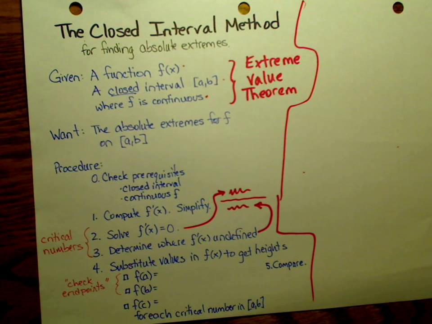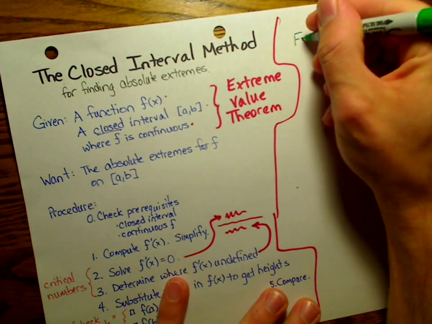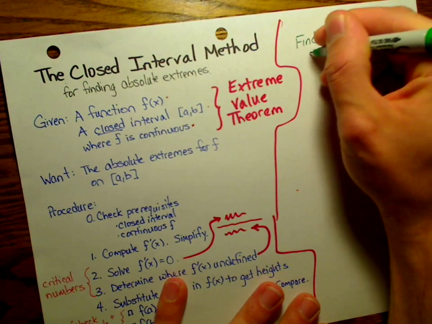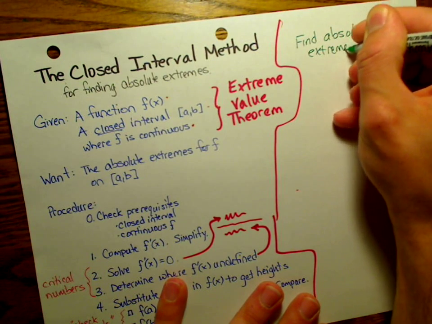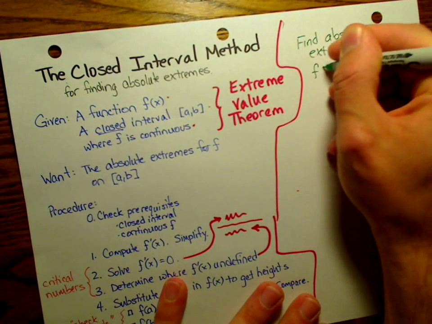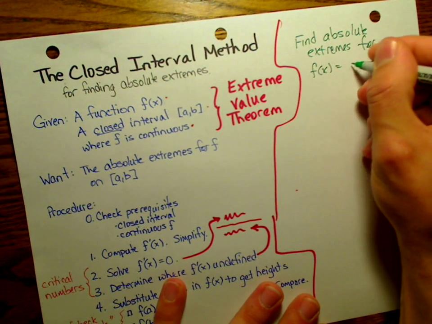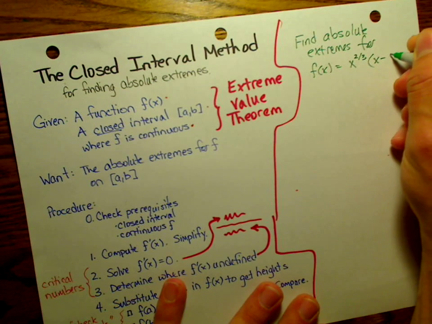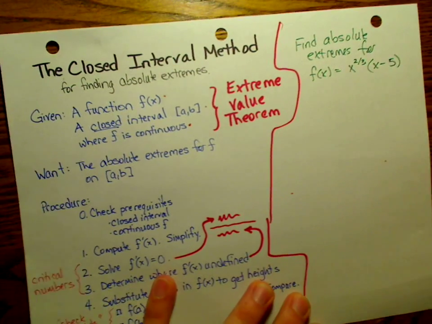So let's work through an example of this. Let's take a function like this. We're going to find the absolute extremes for f of x equals x to the 2/3 times x minus 5.